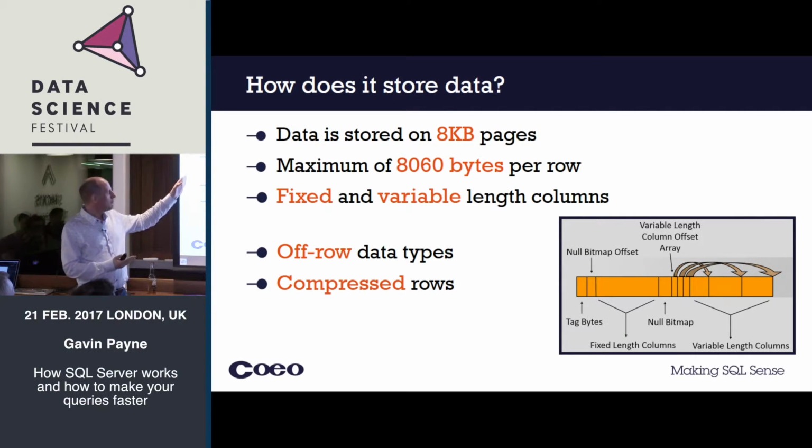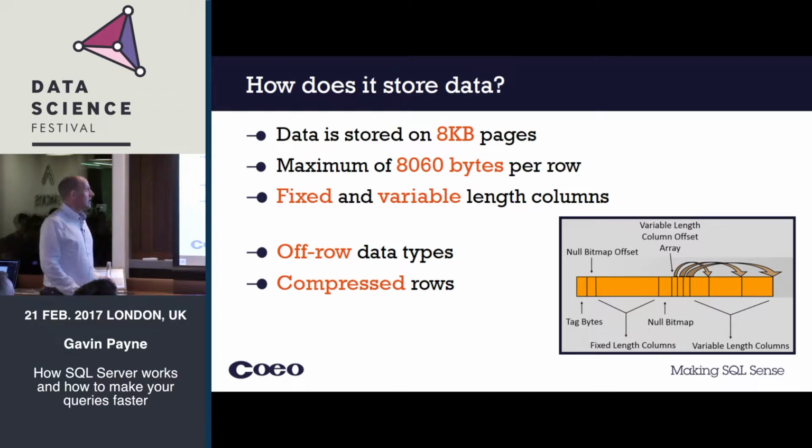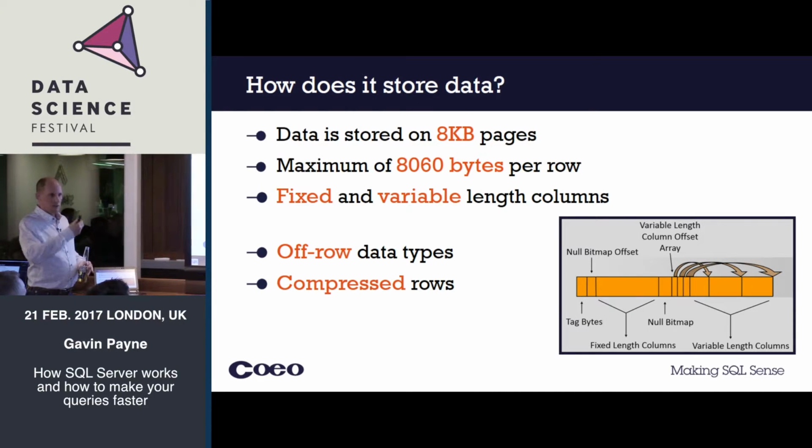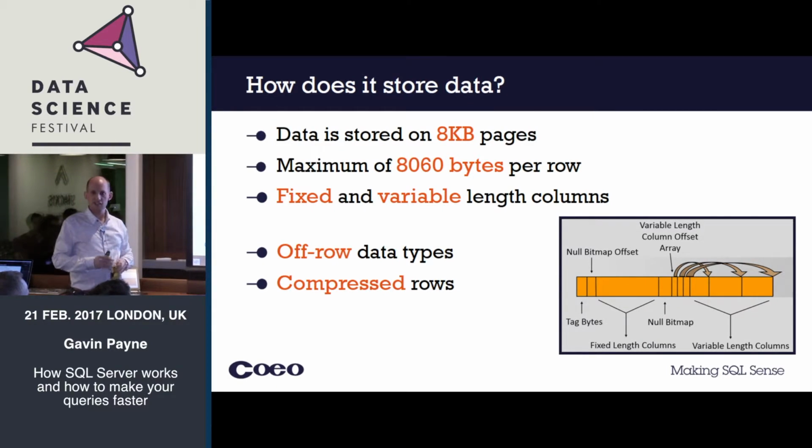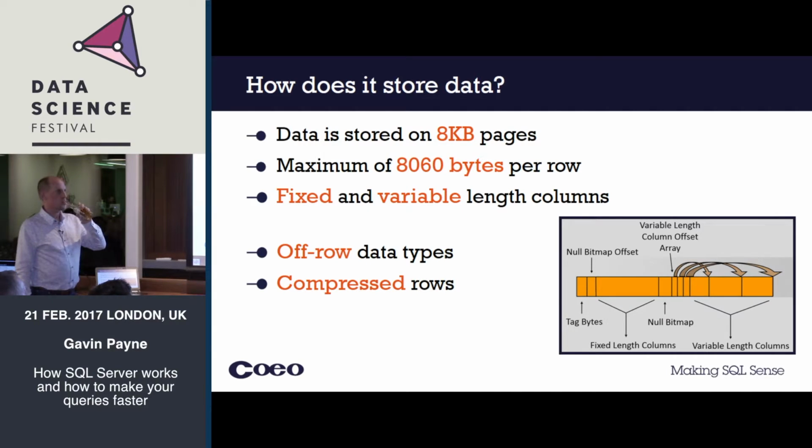So while we might only have 8060 bytes of capacity on that row, compression can mean that we can store more than 8060 bytes of human-readable data on it. So hopefully a bit of insight under the hood: when we look at that arrow of SQL Server moving data from the MDF file into the data cache, it manages everything as individual 8K pages.